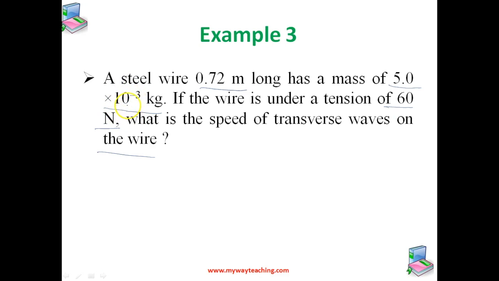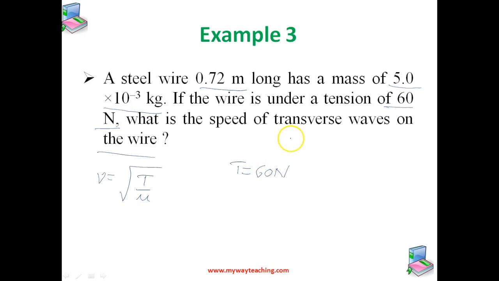First, we know the formula to find the speed of the transverse waves, that is given by square root of T by mu, isn't it? And they have given the tension, that is 60 Newton.